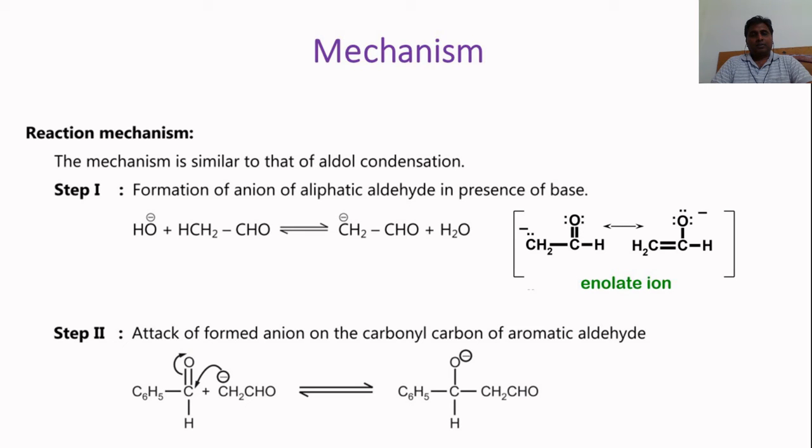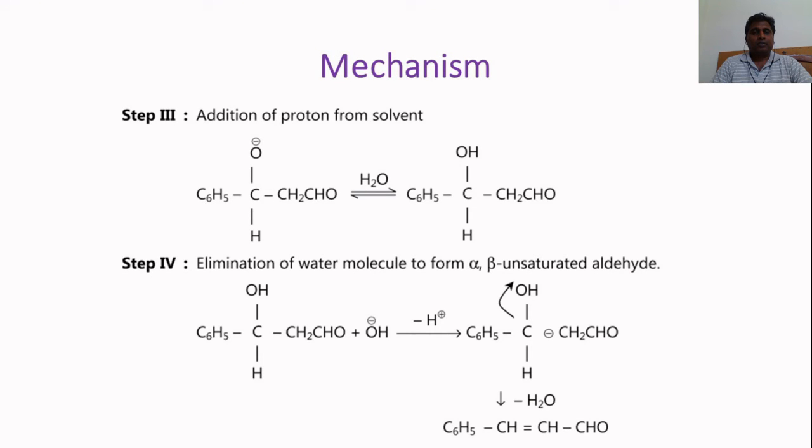Now this alkoxide anion abstracts a proton from the solvent used, which is water, and this hydroxylated derivative will lose one molecule of water to give the alpha beta unsaturated aldehyde. So the final product in case of Claisen-Schmidt condensation of benzaldehyde with acetaldehyde is cinnamaldehyde.